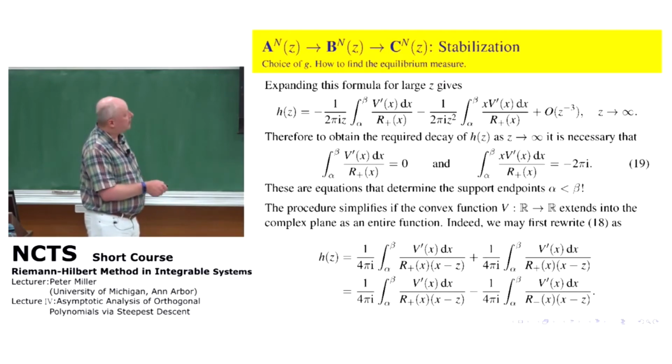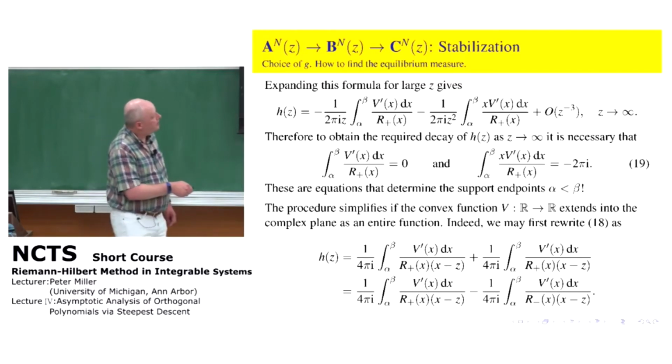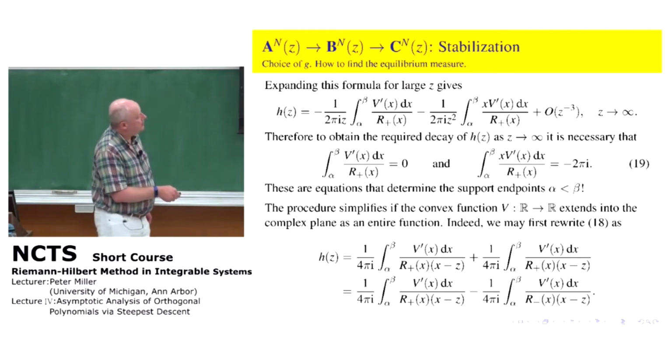Suppose we start out by writing this condition, condition 18, the formula for h. What I did is I took 1 over 2 pi i times the integral, and I just divided by 2 and wrote it 2 times. That's not so complicated. But now, in the second term, I'm going to remember that in the support alpha beta, r plus is minus r minus.